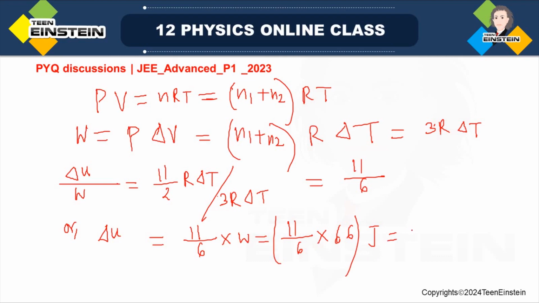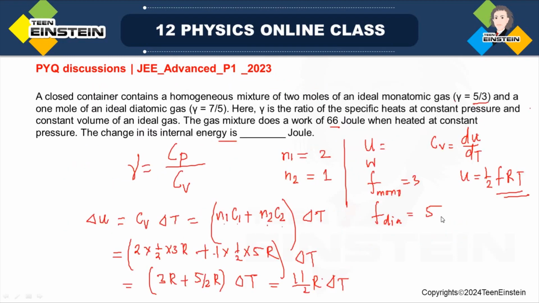So I can do the division with 11. So this 11 into 11 will give you 121 joule. Okay, look at the question. The joule unit is given, so you have to just put the value here. So what is the value here? 121. So this is the answer for this question.